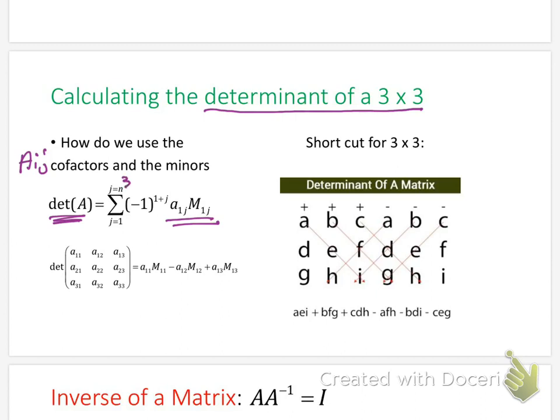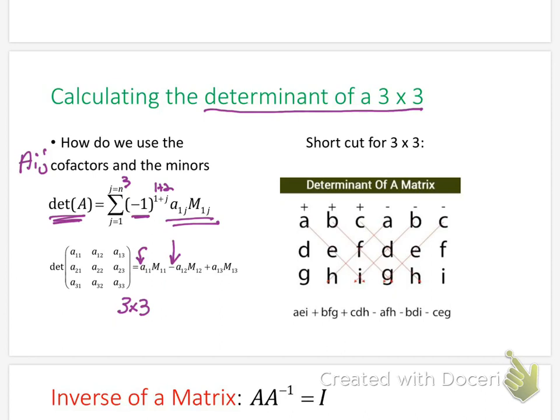Okay, so for example, let's just say that my matrix was indeed 3 by 3. What I'm going to do is take my A11 times my M11. Now, what happens to that multiplier? This -1 became positive, so that's positive. Now, A12: 1 plus 2 is odd, so that negative is going to stay negative, and that is why that's negative.